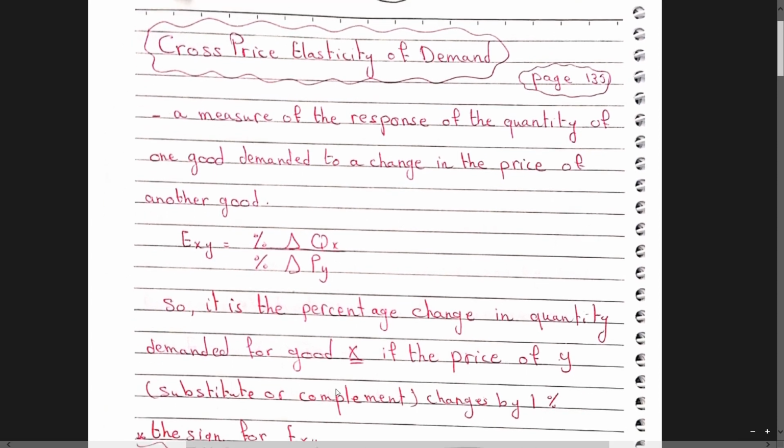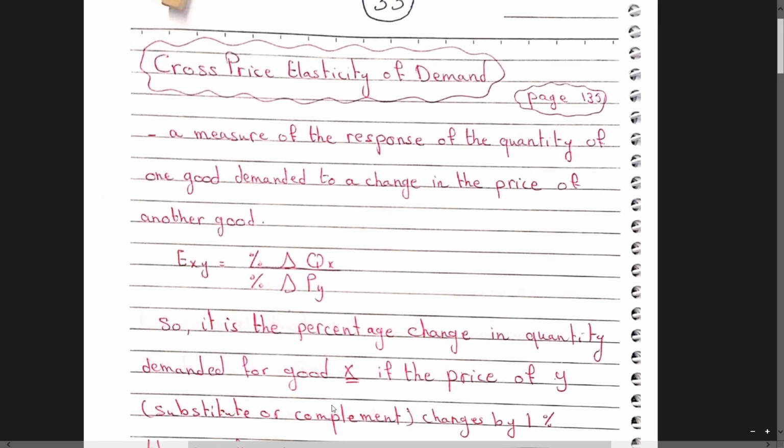Again, if I have two complement goods, I can't use X without using Y with it. Complements: a car and gasoline, gas and a gas cylinder, a mobile and a charger. I can't use one without using the other.